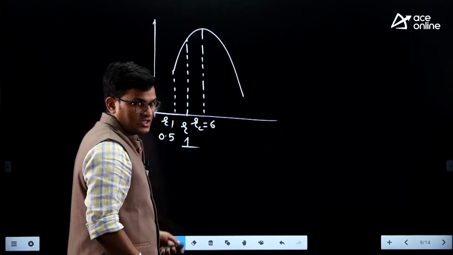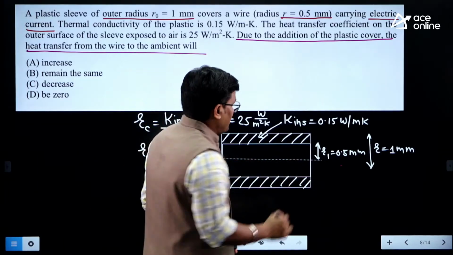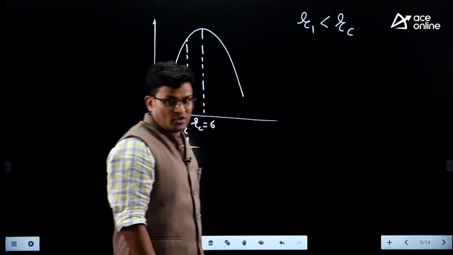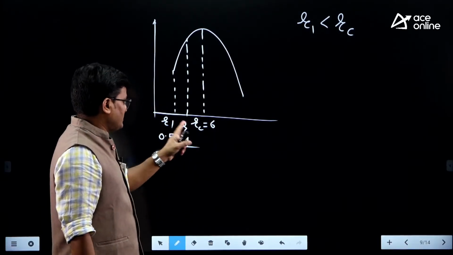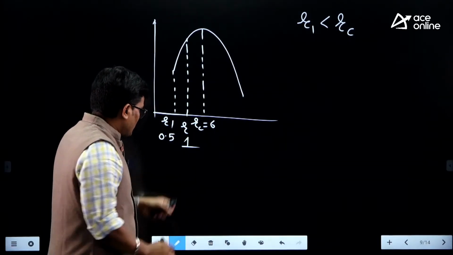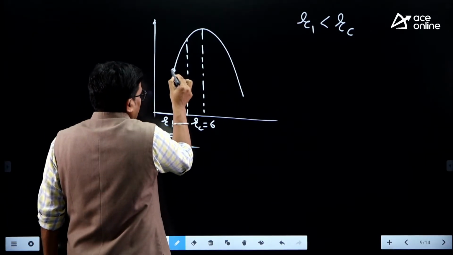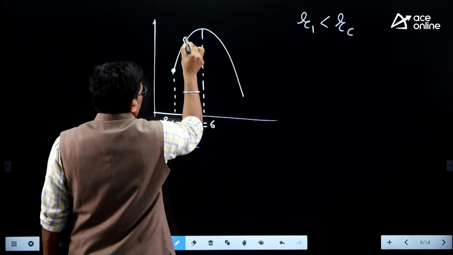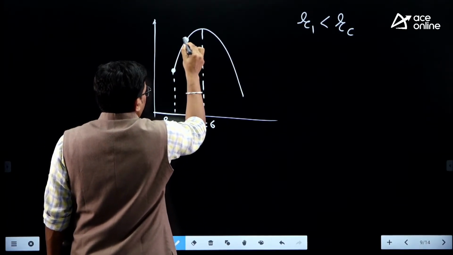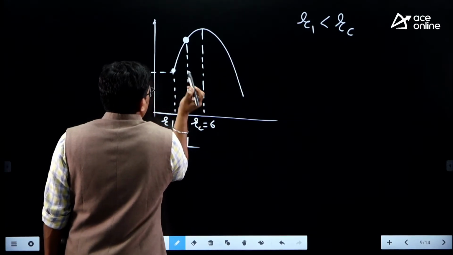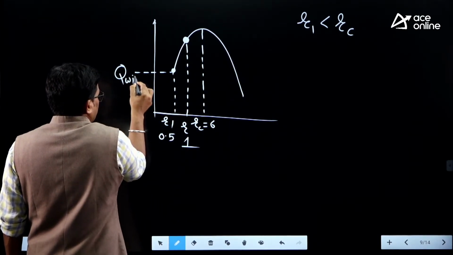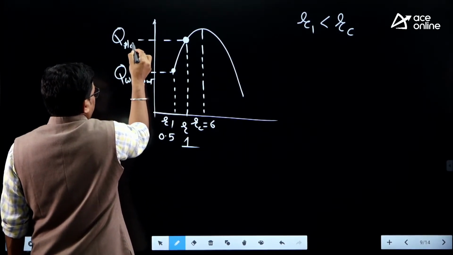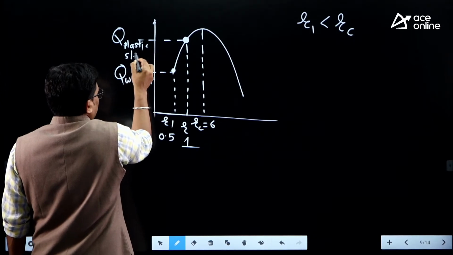Make sure the original radius R1 is less than RC. This is the condition without insulation, the bare wire, and due to the plastic sleeve you reach this point. So this is your Q without insulation, and this is your Q with the plastic sleeve.